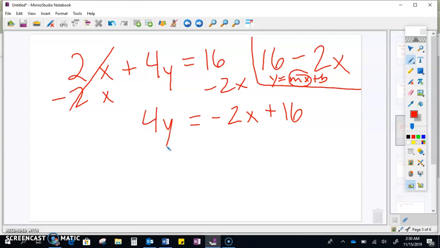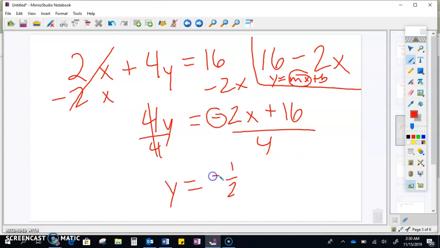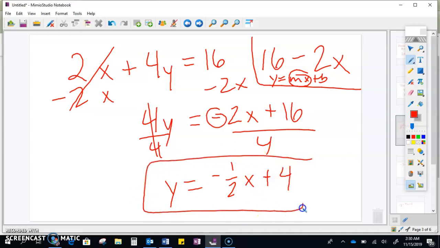I want y completely by itself, so I need to divide both sides by 4. We know that cancels and we're left with y equals 2 divided by 4 is 1/2. That was negative, so make sure you have negative 1/2 x, and then 16 divided by 4 is positive 4. So I've now rearranged that equation into slope-intercept form. y equals negative 1/2 x plus 4.